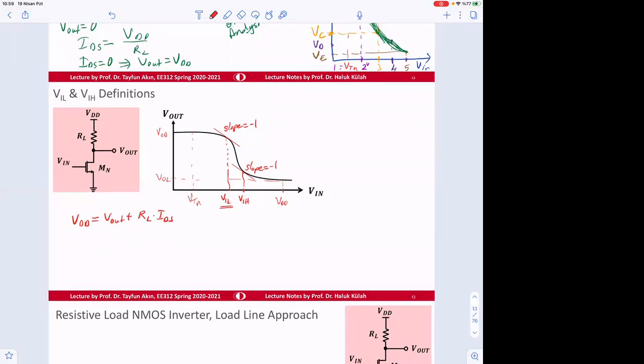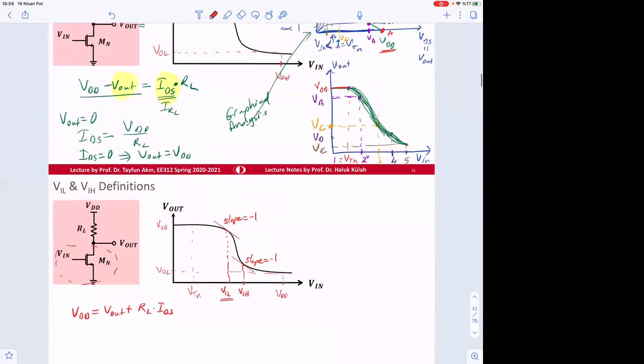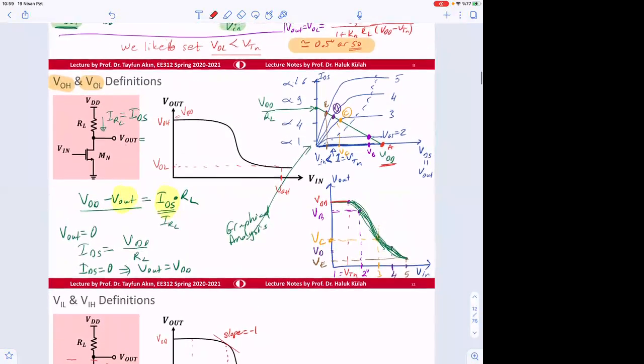And then we also know the equation for this transistor.